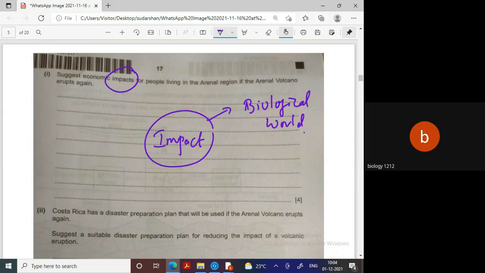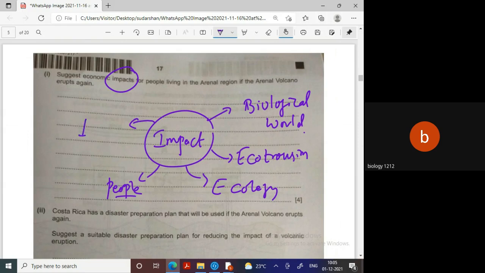Next is ecology or ecotourism, then tourists, and then the people who are living there. Day to day life will be problematic if there is a sudden eruption again. Loss of life can also be mentioned, but here they are asking about infrastructure. So infrastructure will also get affected if there is an eruption.